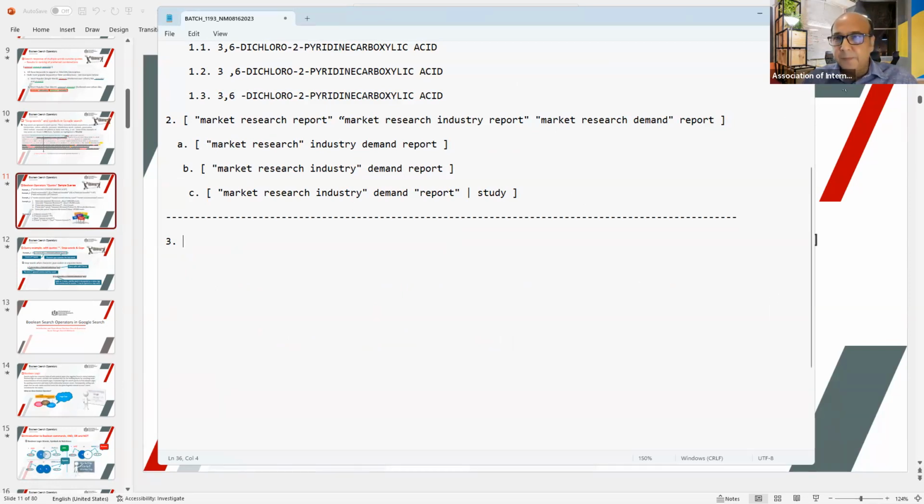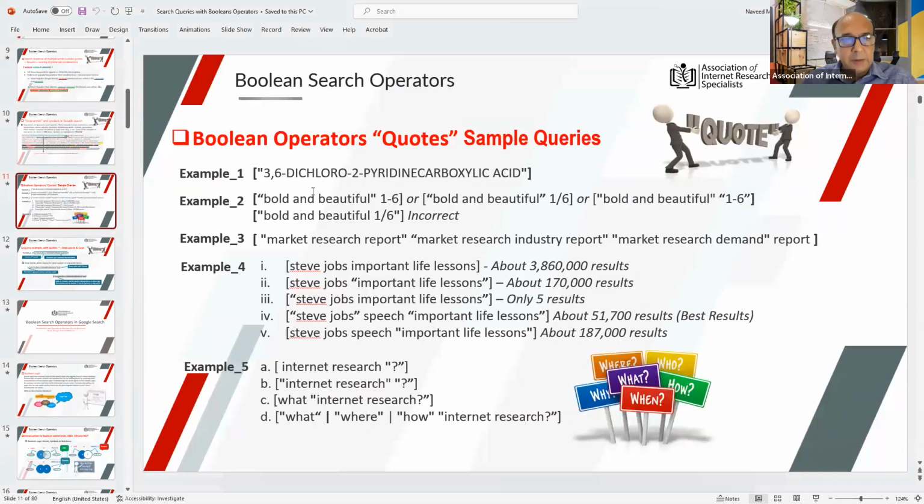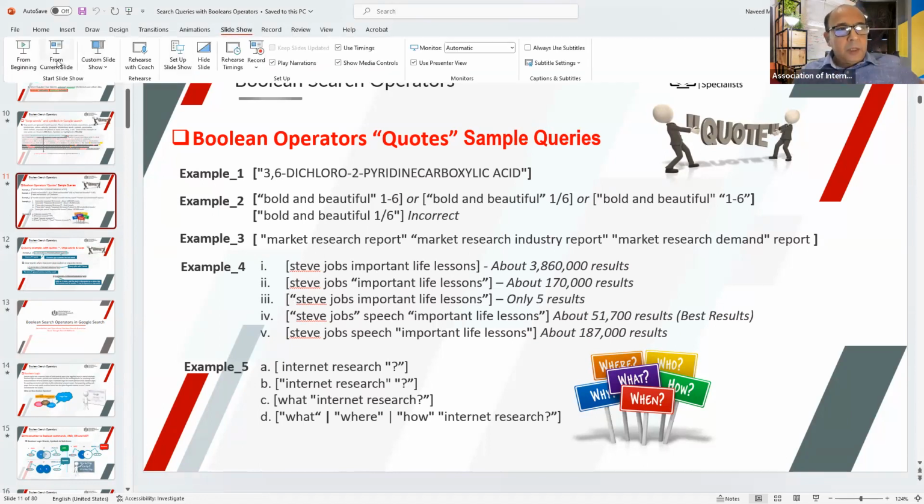So coming back to the slide, we are continuing with these examples. Now we look at example 4, which has 5 versions of the searches using the quotation marks.